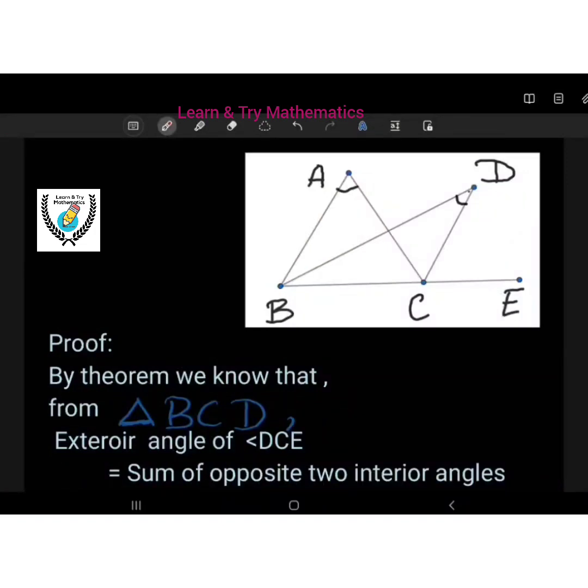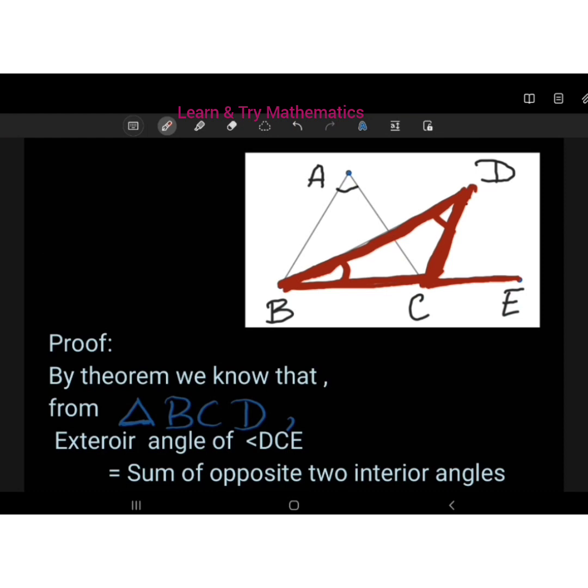By the theorem we know that in the triangle BCD, the exterior angle is DCE, and the exterior angle is equal to the sum of the opposite two angles, that is CDB plus DBC.